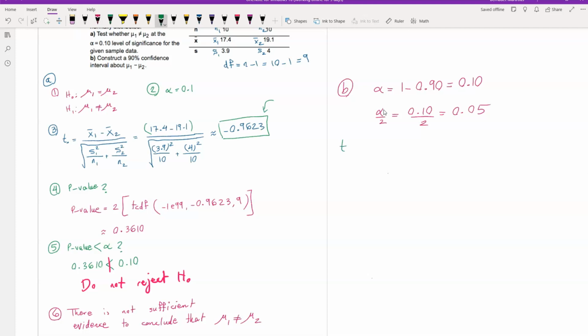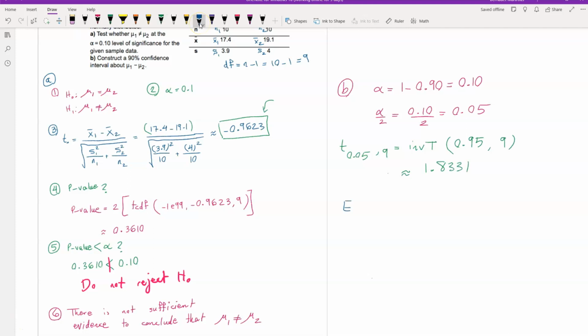Then we have to find t. So we have 5% and the degree of freedom is 9. So we should use inverse t. It's 1 minus 5%, it's 0.95, comma, the degree of freedom. I'm going to round this one, same as what I did in part A, to 4 decimal places. It's 1.8331.